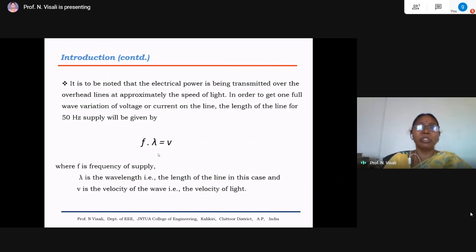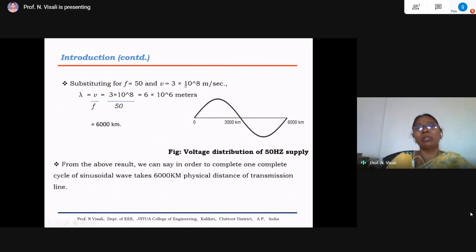For example, f is equal to 50 Hz and v is equal to 3 into 10 to the power of 8 meters per second. So lambda, the length of the line we have to use, is v by f, the speed divided by the frequency.